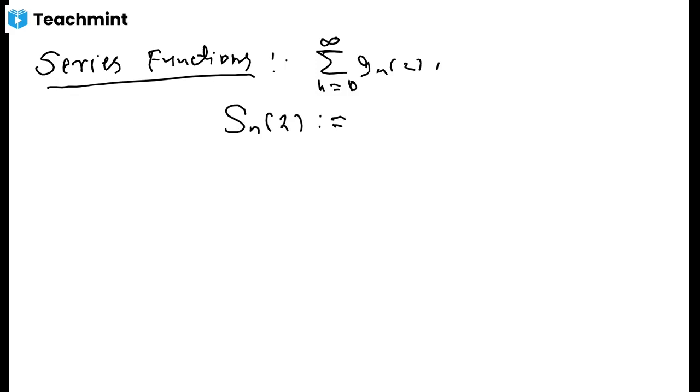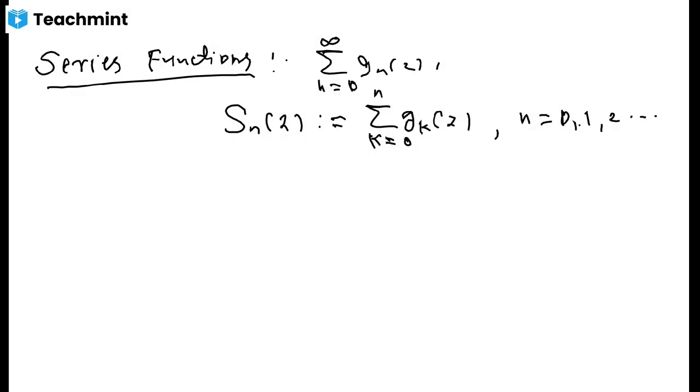Corresponding to a series of functions, we define a sequence of partial sums. How do you define a sequence of partial sums? The terms of the sequence of partial sums are defined as s_n(z) equals the sum from k equals 0 to n of g_k(z). You take the sum of the first n terms. In this way you define this sequence.